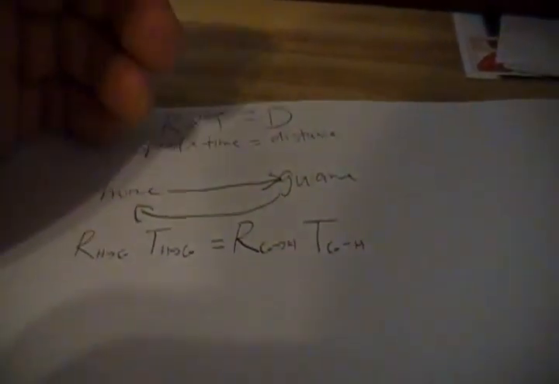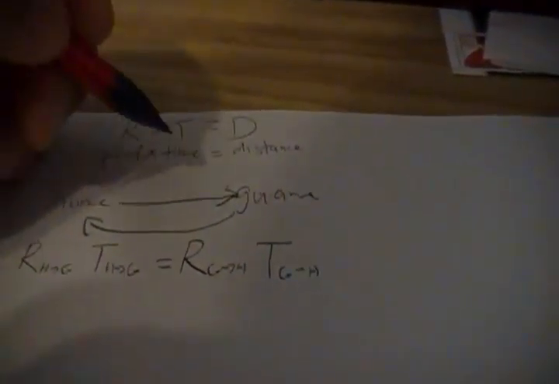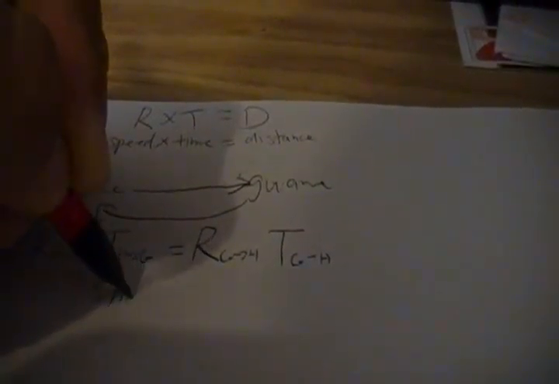Okay, so what information are we given? We're given that the trip there took 3 hours. So we know that T for the trip from home to Guam is 3 hours. It's given.